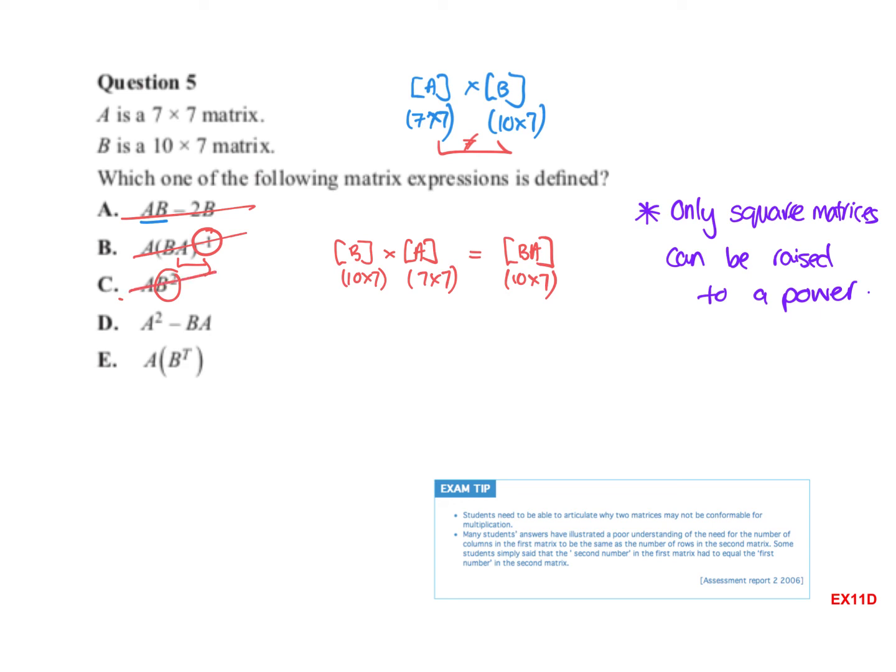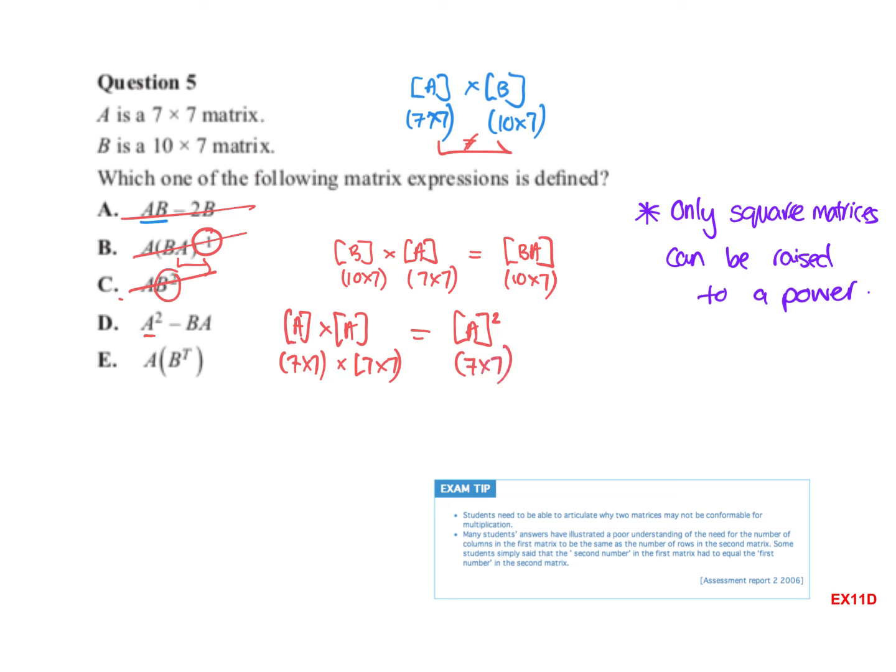Now, first of all, can we square A? We can. We can raise it to the power of 2. So if you did A times A, obviously you've got a 7 by 7 multiplied with a 7 by 7. What are you going to get? The answer will be A squared is going to be a 7 by 7.